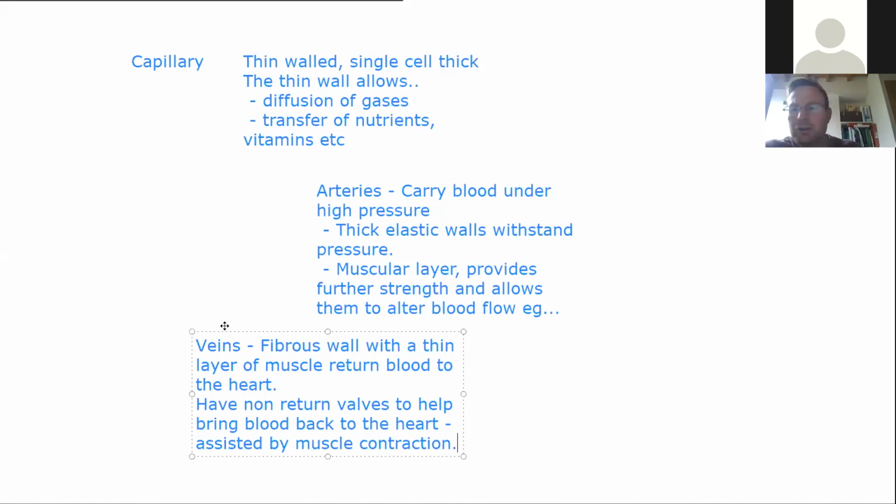Before we start tomorrow, I want you all to have completed the circulatory system, this whole side, and then the first 2 questions on that page. So it's up to and including 1.6.